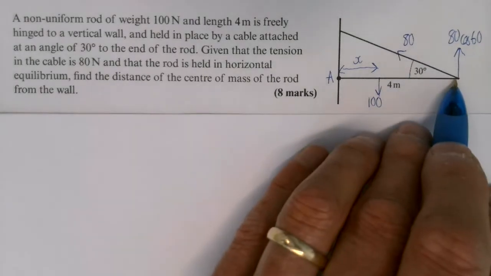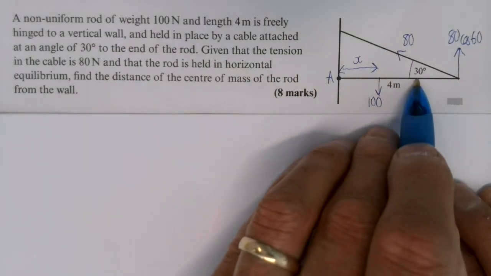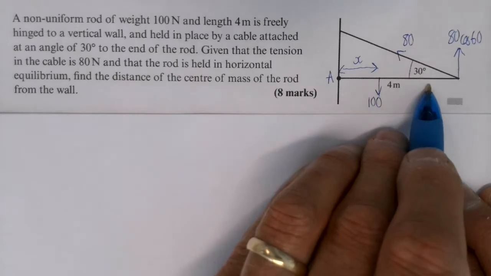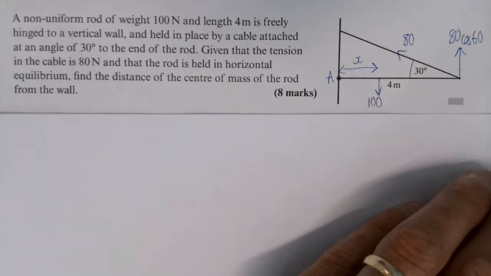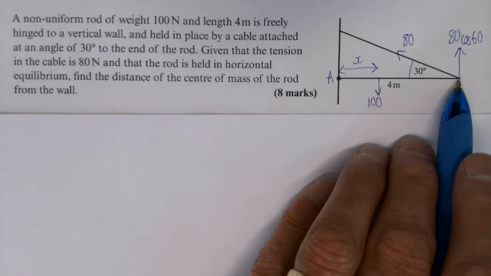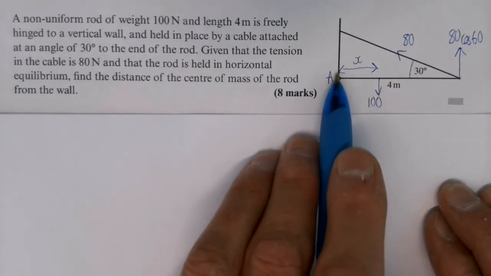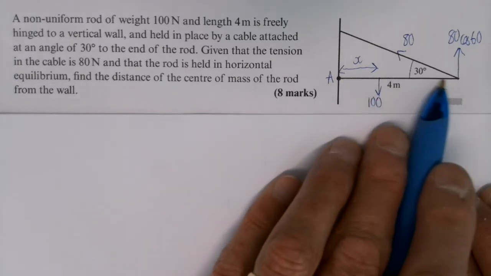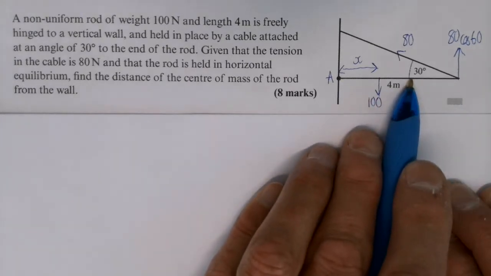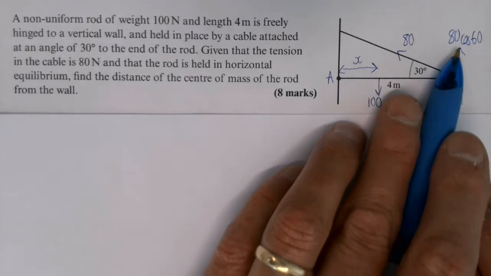There is a horizontal component of that force, 80 cos 30. But when we're dealing with moments, we don't have to worry about that because that is acting directly in the line of A, so there's no distance from A.